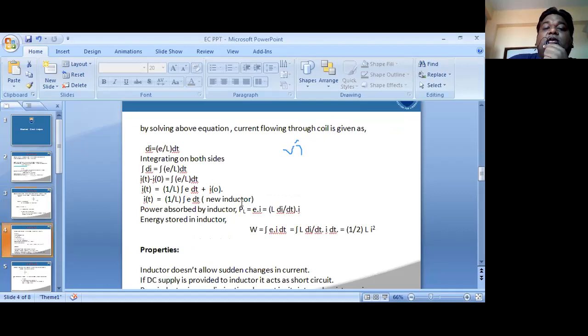If it is a new inductor, I of t equals 1 by L integral E dt, that is, initial current I of 0 is 0. Then the power absorbed by the inductor is L di by dt into I, and energy stored in the inductor is half L I square. In our next session, let us see the capacitor element. Thank you.